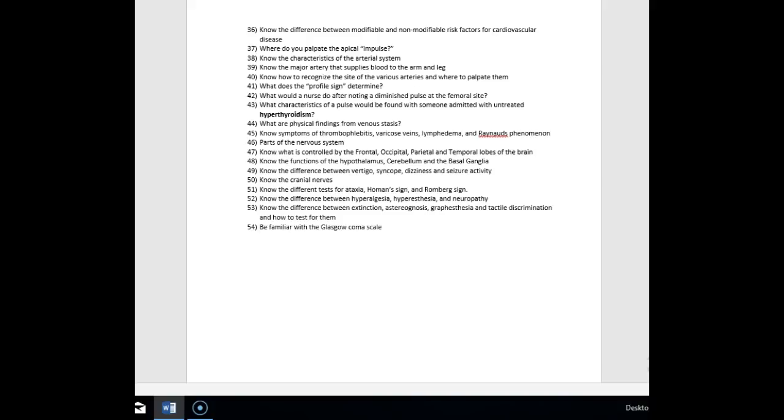Start with thrombophlebitis. I think I told y'all about thrombophlebitis when we were talking earlier.